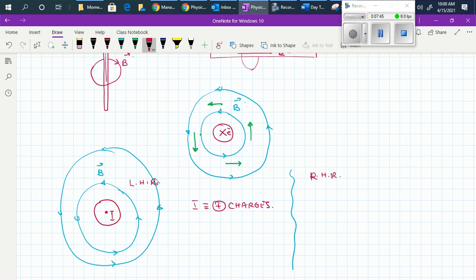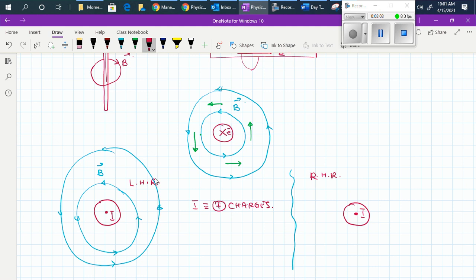This is one way. What you can do is use the right hand. When you're using the right hand, you're saving the direction. So we said that we have a positive charge that is coming out of the page. How do we know that it's positive? Because they are giving us the direction of the conventional current. So it's out of the page.